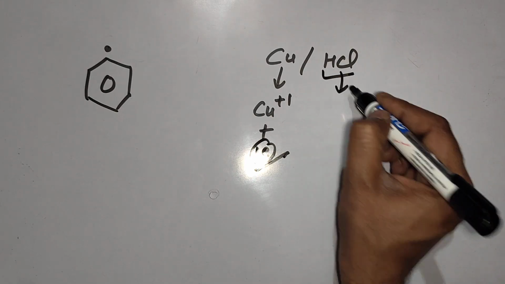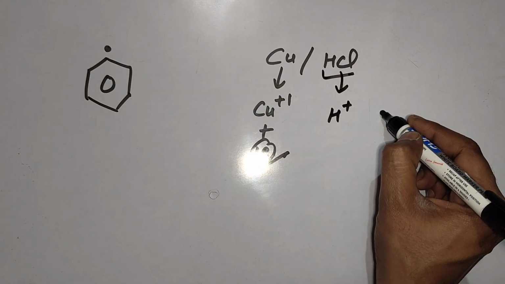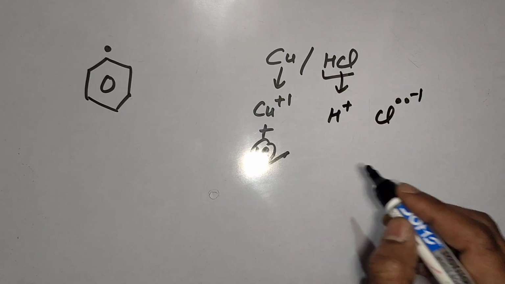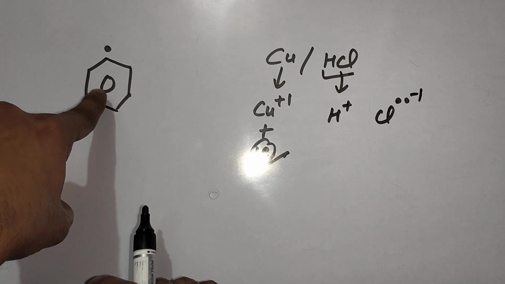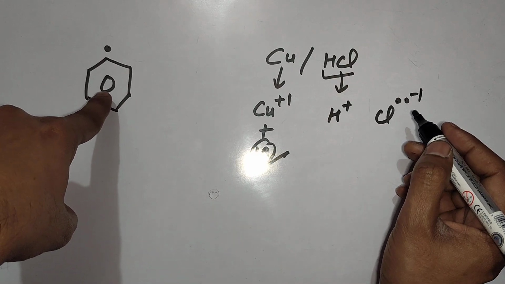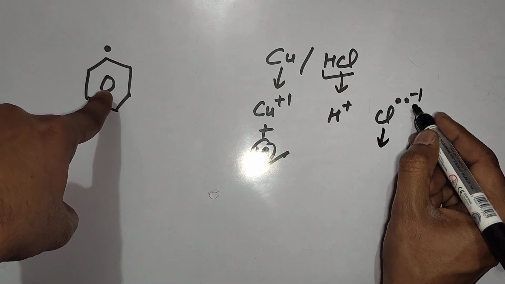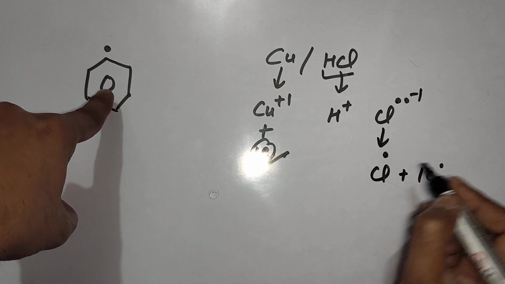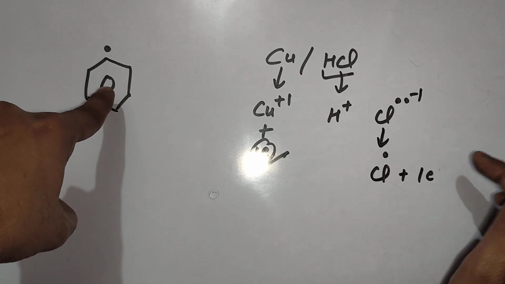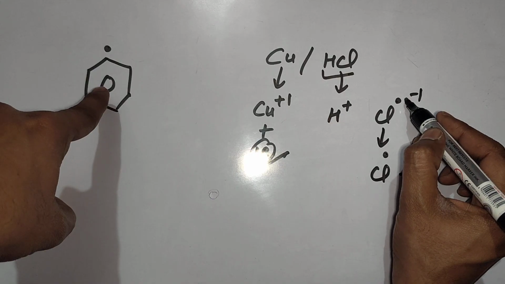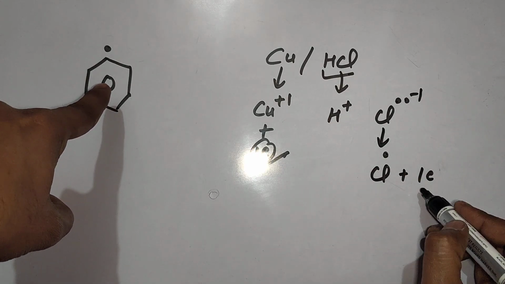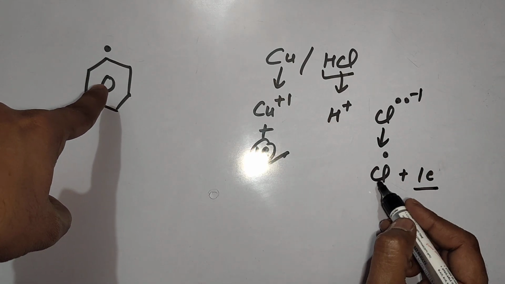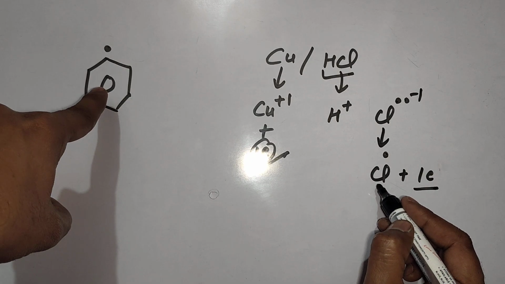Now it's the turn of HCl. H positive, Cl negative. Because during the reaction a free radical is generated, it can be satisfied only by a free radical. So chloride will change itself into a free radical. Chloride has one extra electron. That extra electron it will release and turn itself into a chlorine free radical.